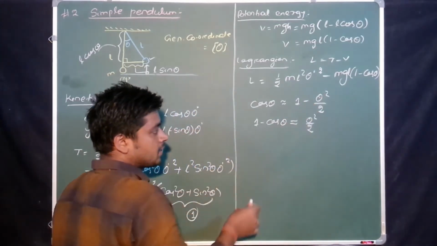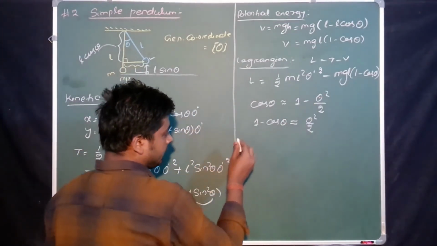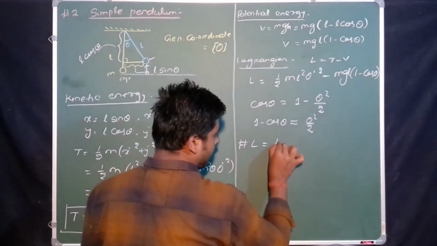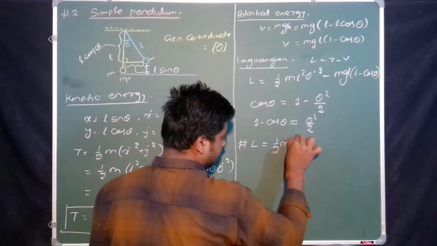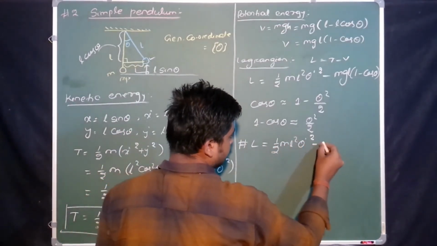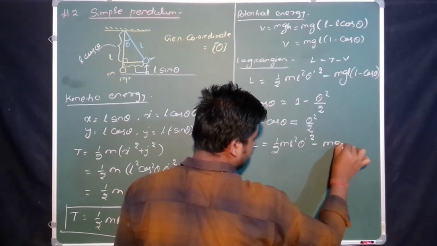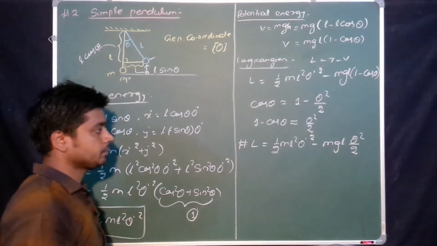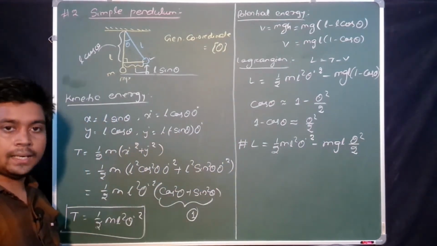In place of 1 minus cos theta, we can write theta square by 2. Yes or no? Then our Lagrangian becomes half m L square theta dot square minus mgL theta square by 2. This is our Lagrangian. Okay.